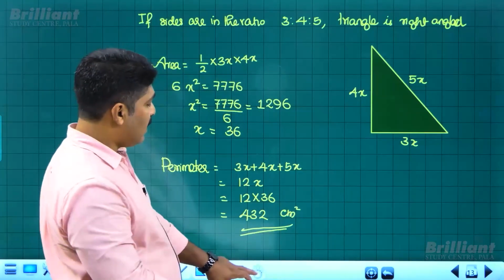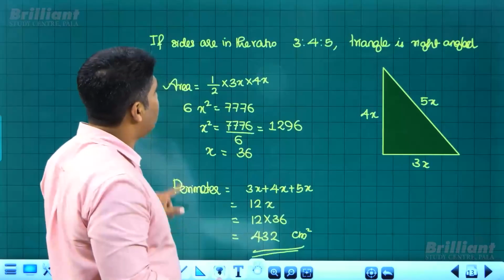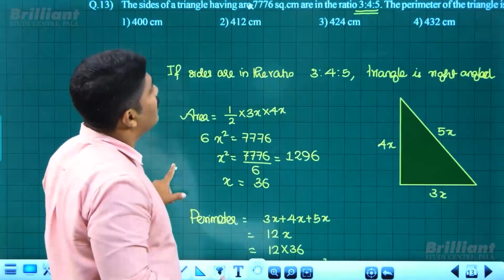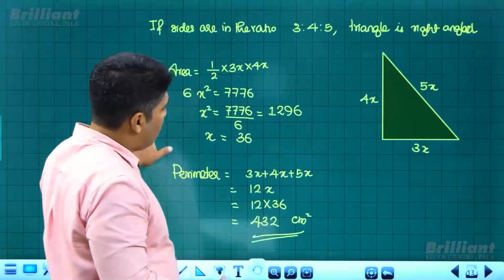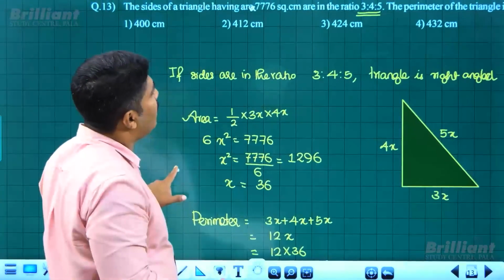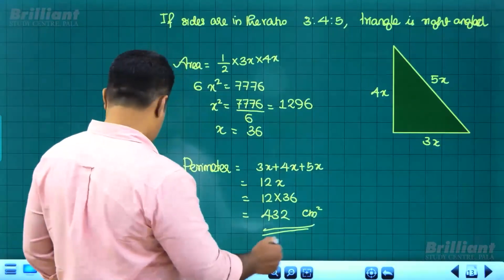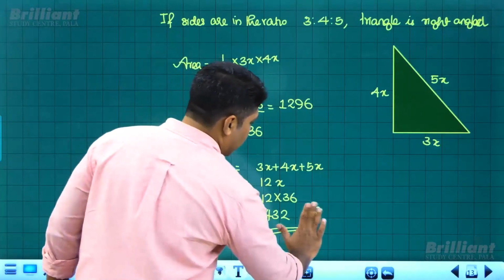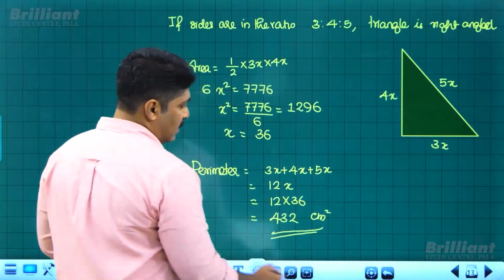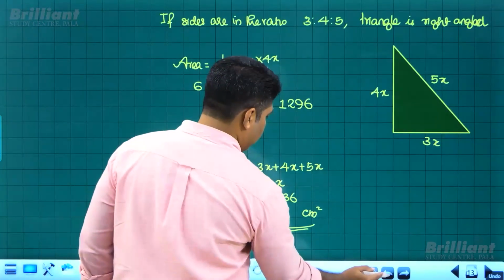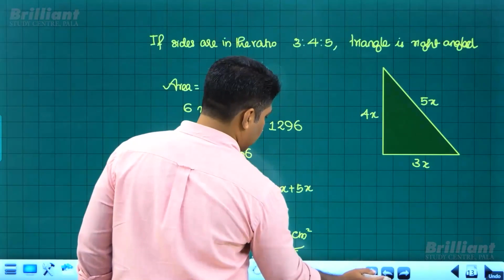This way we can easily catch the answer here. Understand the units: it will be 432 centimeters, not square, because we are considering the perimeter.